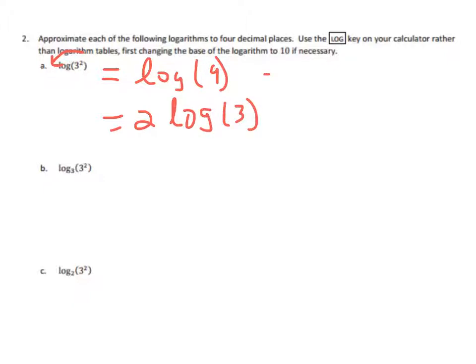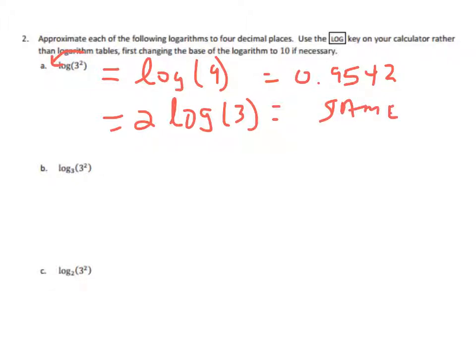Either way, if you punch them in the calculator, these two answers come out to be the same, 0.9542 when you go out 4 decimal places and round off. And this one's the same, so that'll be the same answer.